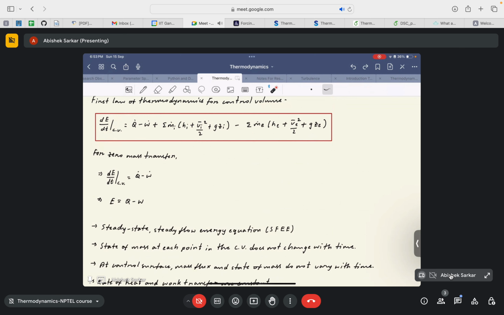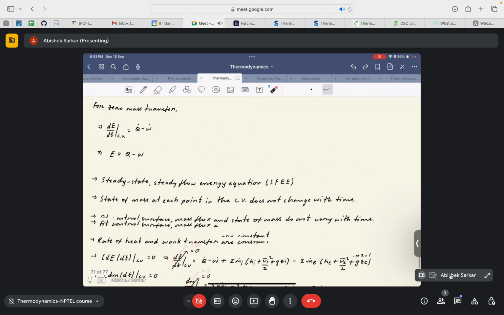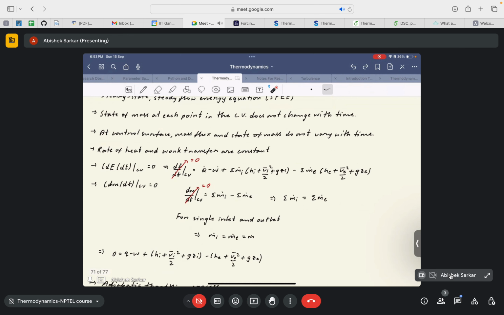Once this is equal to 0, we can simplify the equation further as Q dot minus W dot plus the summation of m dot i times (h i plus V i squared by 2 plus g z i) minus the summation of m dot e times (h e plus V e squared by 2 plus g z e), and that will be equal to 0. This form of the equation is known as the steady flow energy equation.